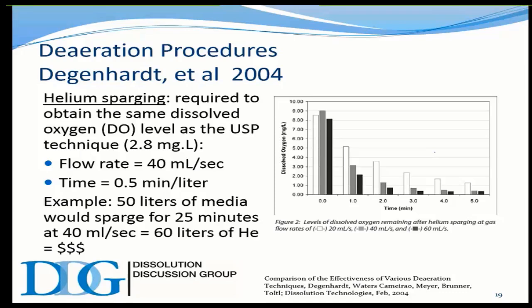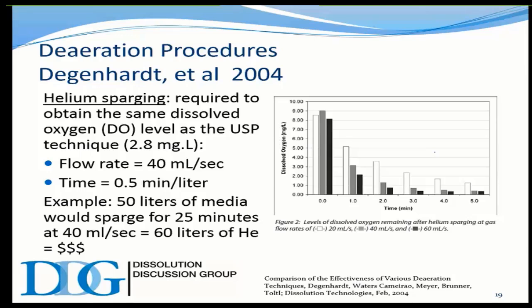And they suggested over time that about 0.5 minutes per liter is effective. Now, when we look at a fairly large carboy of media that we're going to go through today, if you think sparging it for 5 minutes at maybe an inadequate flow rate would be effective, it's actually not very effective at all.